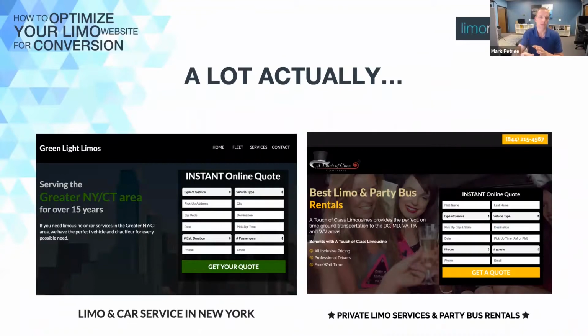So here's two examples right here of some landing pages that I know convert really well, over 30% each. And if you look at them, you'll notice they're very simple. The one on the left doesn't even have a logo, okay? We're not even using a logo.